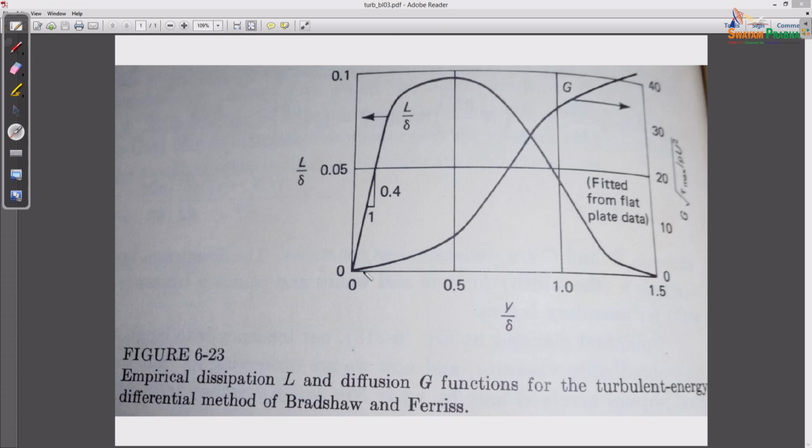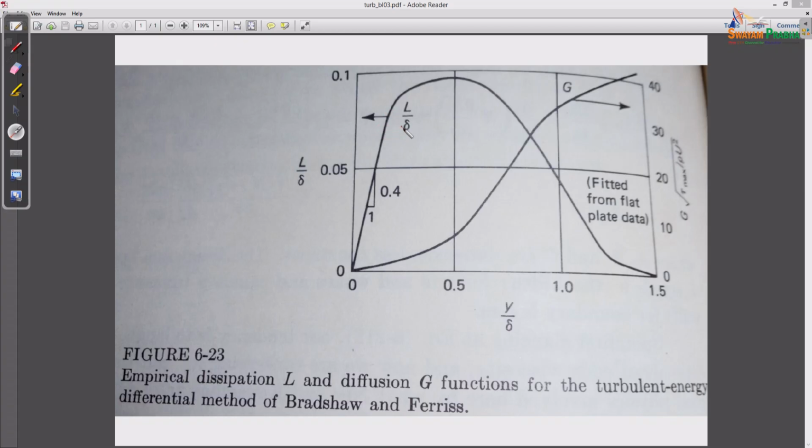If you see, this axis is y by delta. This axis, 0 to 0.1, is L by delta, for the dissipation, and on the right hand side is 0 to 40, which is the G, the diffusion, and this is fitted from flat plate data.